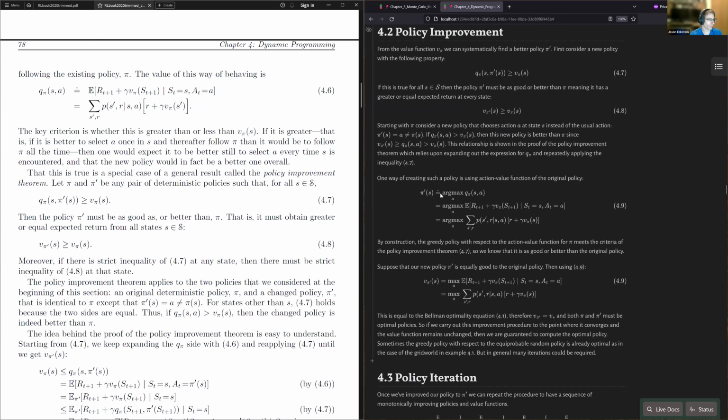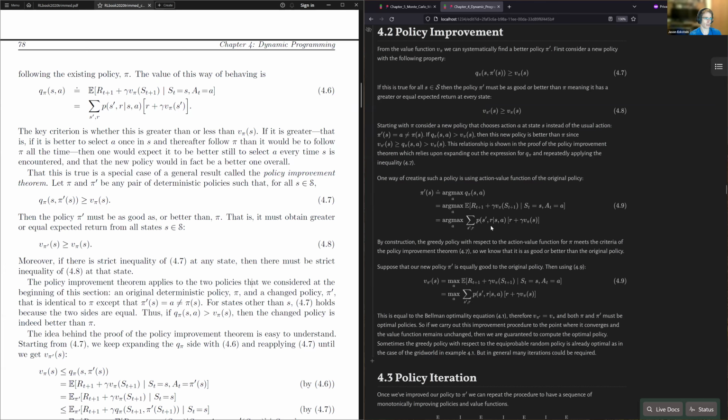Eventually we want to improve the policy by picking the best action that we know of at the time. And if we have the action value function, then we can just look at it and see which action is the best.